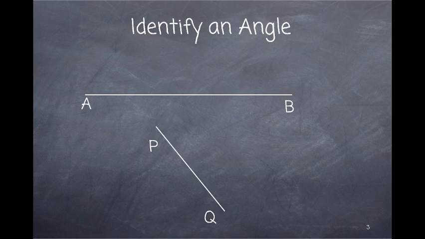Okay, now look at these two lines. Here we have the line AB and we have a line PQ. To find out whether there's any angle here or not, let's extend these two lines as we did previously.